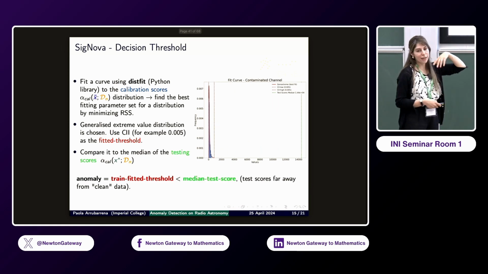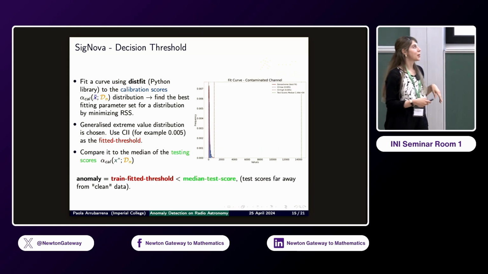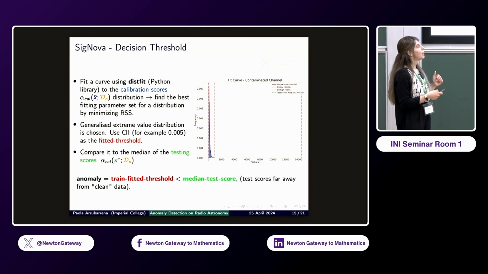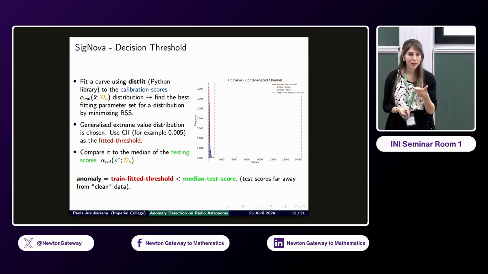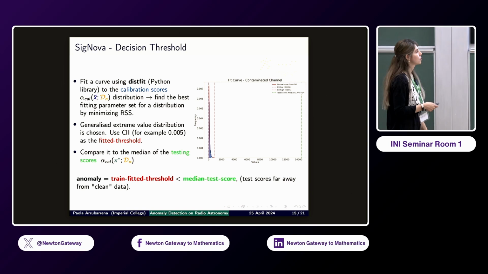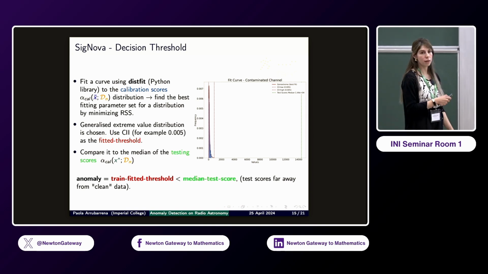This is how it looks if I compare it to contaminated test scores. It's pretty difficult to plot because they're orders of magnitude higher than my threshold. But of course, this is a very obviously contaminated interval. So that's how we're going to find everything.